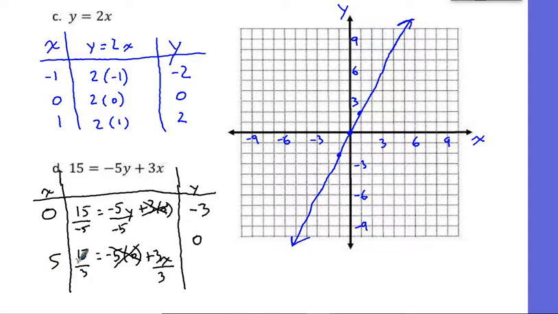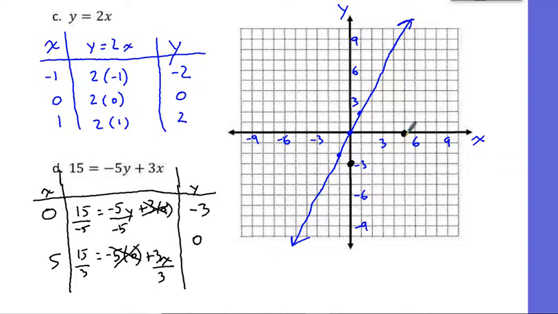A line can be drawn with only 2 points. And we have found 2 points for line D. So 0, not going left or right at all, and going down 3, this is our y-intercept. And back to the origin, go to the x value of 5, and do not go up or down to any y-coordinate with value other than 0.